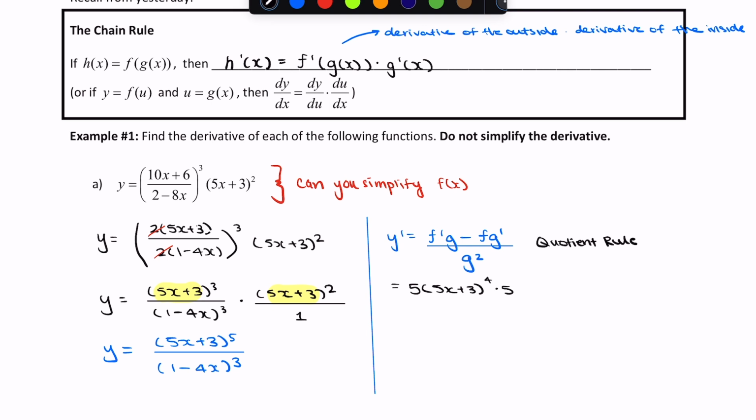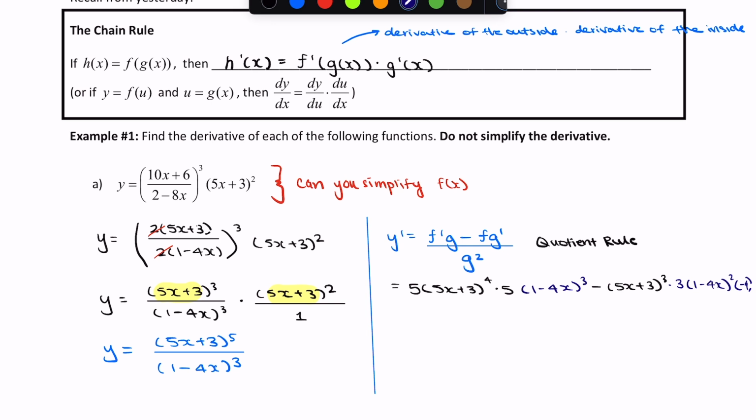And then g, which is simply just 1 minus 4x to the power 3, minus, and now we just write f. f is 5x plus 3 to the power 3, and then g prime of x. So outside again, which is 3 times 1 minus 4x to the power of 2, and the inside, which is just negative 4.